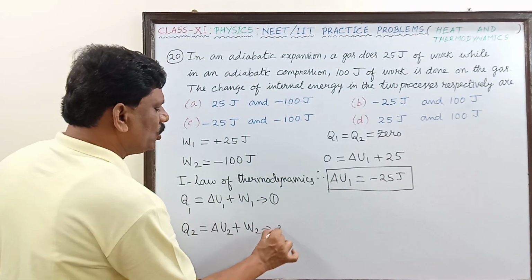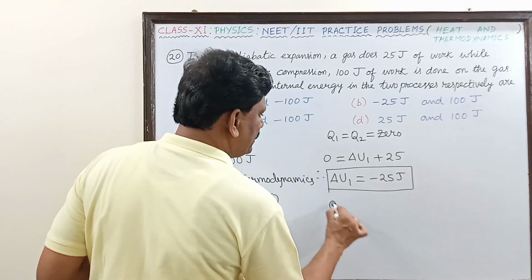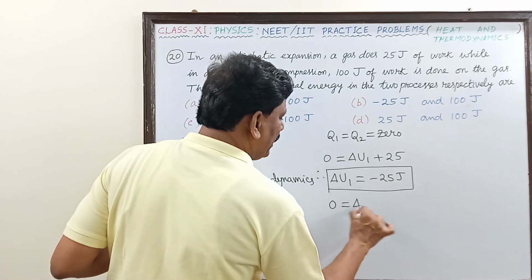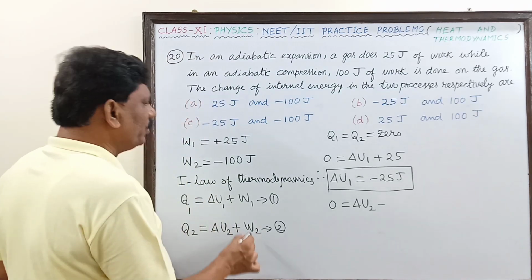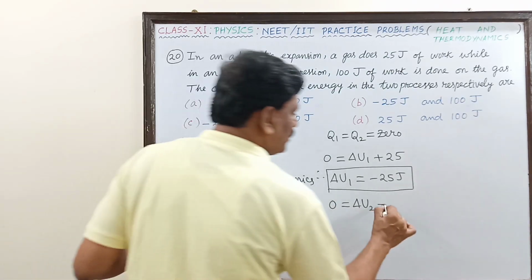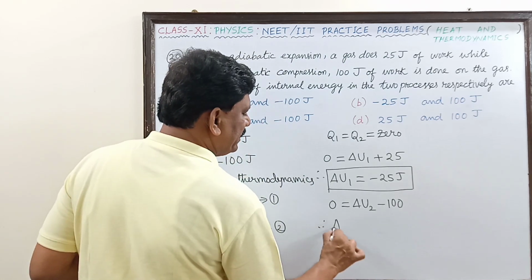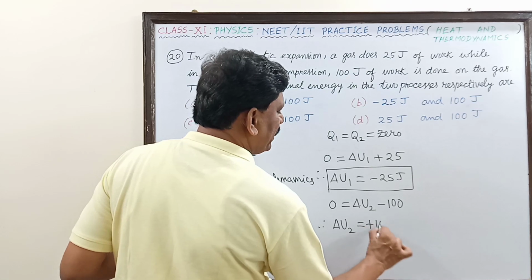Similarly, equation 2 now. In equation 2, when I substitute, I get 0, left side is 0, is equal to delta U2 plus W2. W2 is minus 100. So here minus 100. Therefore, what is change in internal energy? Delta U2 must be equal to plus 100.